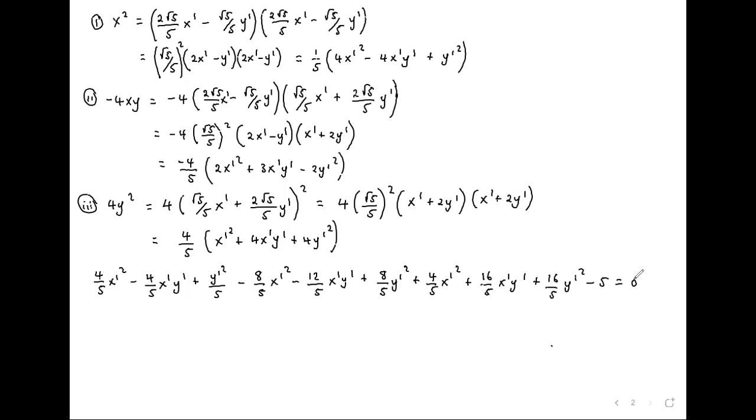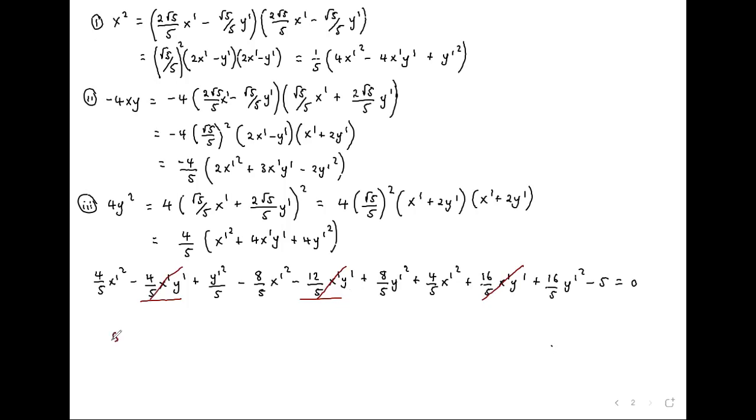So we start with the product. This is -4 minus 12, we get 16. 16 over 5 plus 16 over 5, these will cancel. So we no longer have any product, so we're okay. Now let's add the x prime.